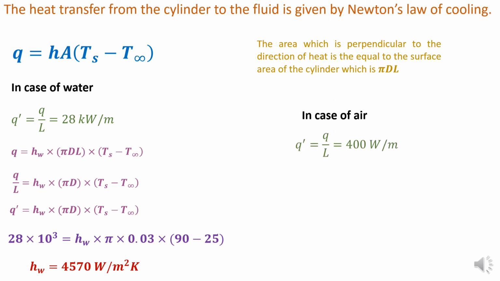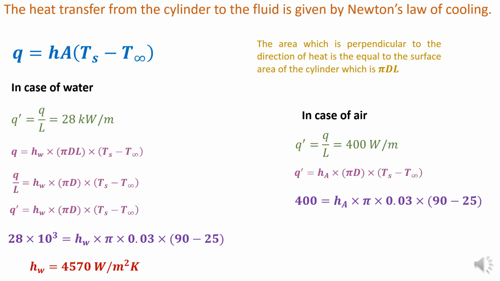In case of air, the power required per unit length is 400 watt per meter. Again, Q dash is equal to hA into pi d into (Ts minus T infinity). hA is the convection coefficient associated with air, and we derived this equation by dividing Newton's law of cooling by the length of the cylinder.